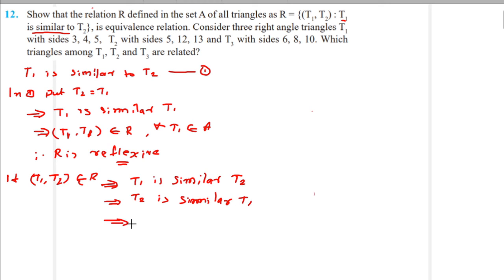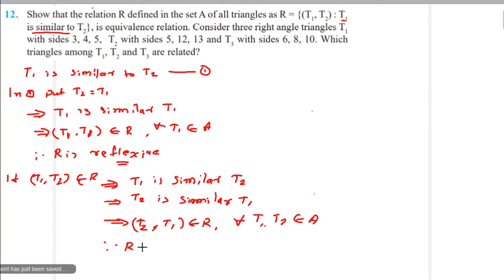This implies T2, T1 belongs to R for all T1, T2 belonging to A. Therefore R is a symmetric relation.